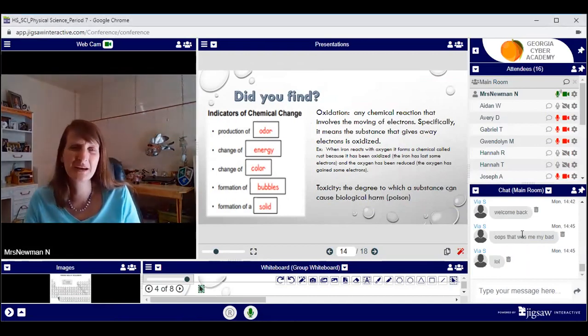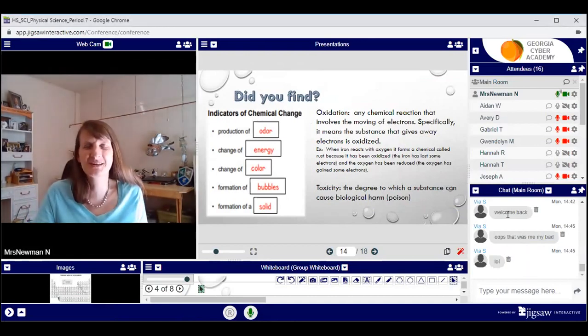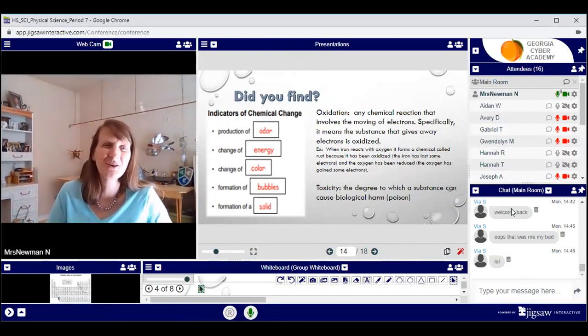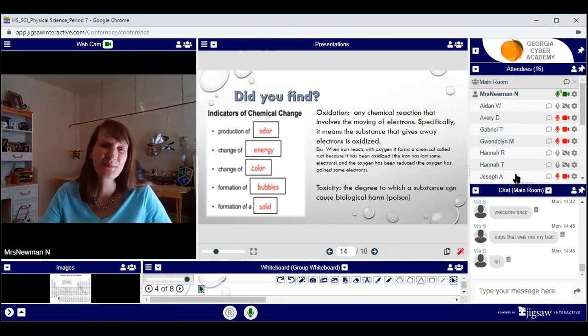The other one has been reduced. It's called a redox reaction, reduction and oxidation. So if you go into chemistry in college, you'll learn all about redox reactions. But for us here, we'll just go with oxidation is a chemical change. And toxicity, that's biological harm that's caused by a substance.